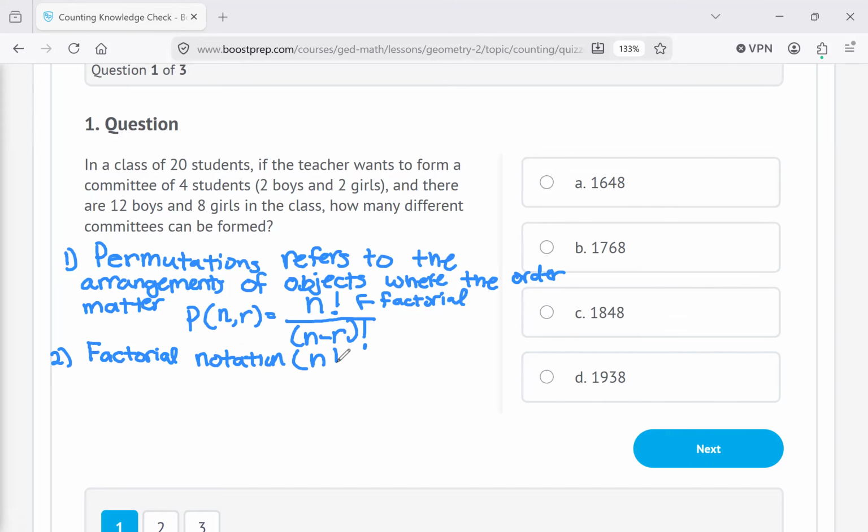It would be n factorial, which represents the product of all positive integers.